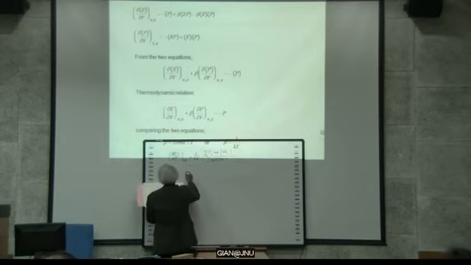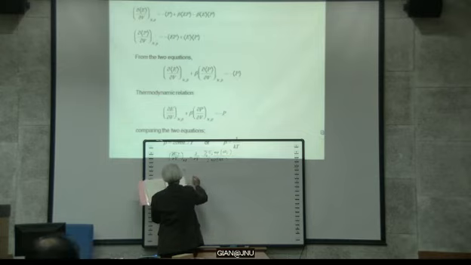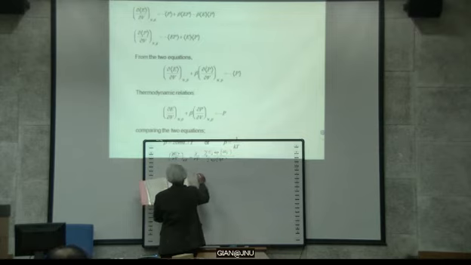The final expression, in this the summation is over exponential minus beta ej. I think you figure out how I'm deriving this equation, right?